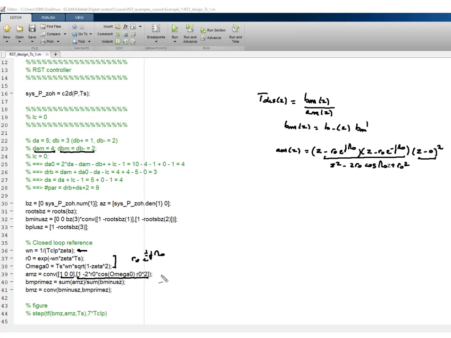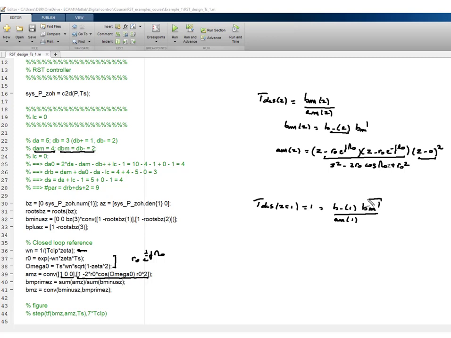So now we have AM, we have B minus, right? And we need to construct BM, but we know that the desired transfer function evaluated at z equal to 1 is 1. So this is really going to be B minus at 1 times BM prime divided by AM evaluated at 1, right?